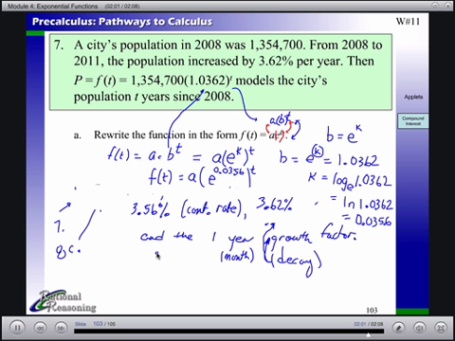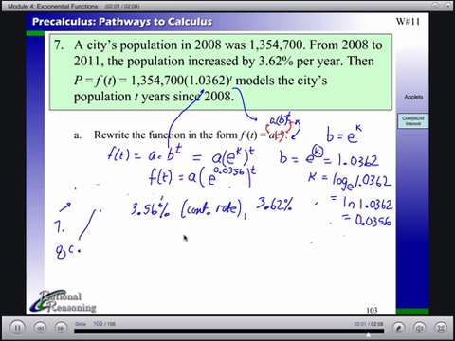What's the 1 year growth factor? Yeah, that's the B value, 1.0362. So in the two different functions, you've got these two numbers. In this e to the kt form, k is the decimal version of the continuous rate.